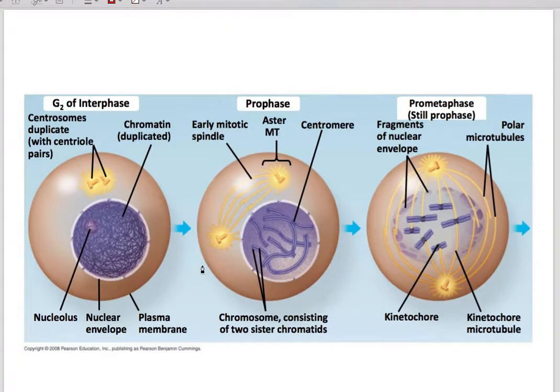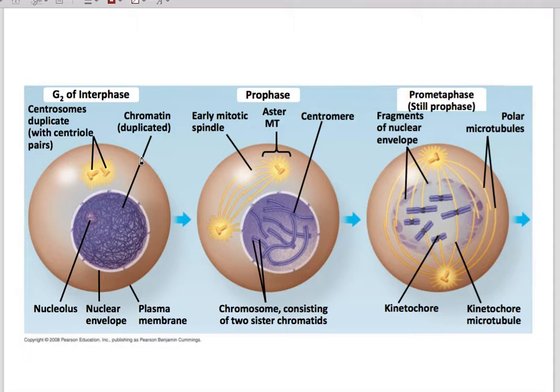So let's start here. At interphase, the key thing is that your chromatin, or your DNA, because remember chromatin is tightly packed DNA, has been duplicated. So now you have two copies of a maternal chromosome and two copies of your paternal chromosome. Remember, the maternal and paternal chromosomes are homologous, so they're pretty much the same.